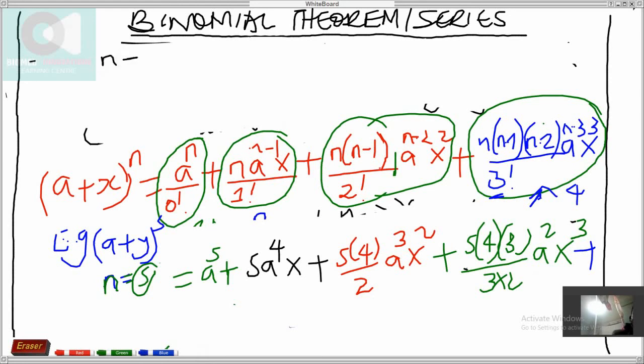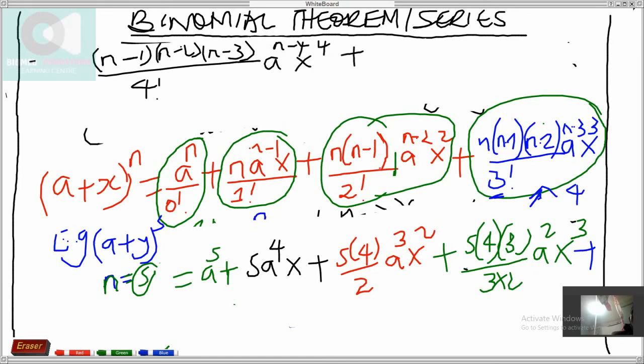So we have a raised to 5 minus 4, x raised to 4, which is 5, plus n into n minus 1, n minus 2, n minus 3, n minus 4 divided by 5 factorial.